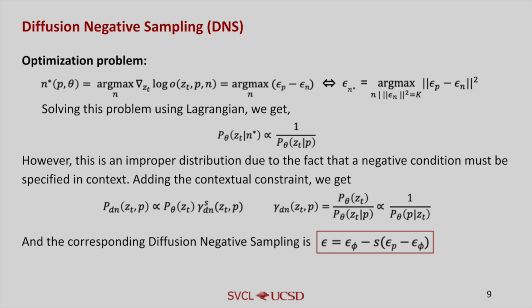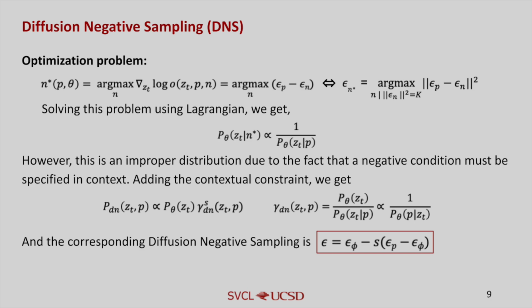However, this is an improper distribution and a negative condition must always be specified in a context. And so we use empty prompt as the context and come up with the final solution in terms of gamma diffusion negative as probability of zt divided by probability of zt given p.